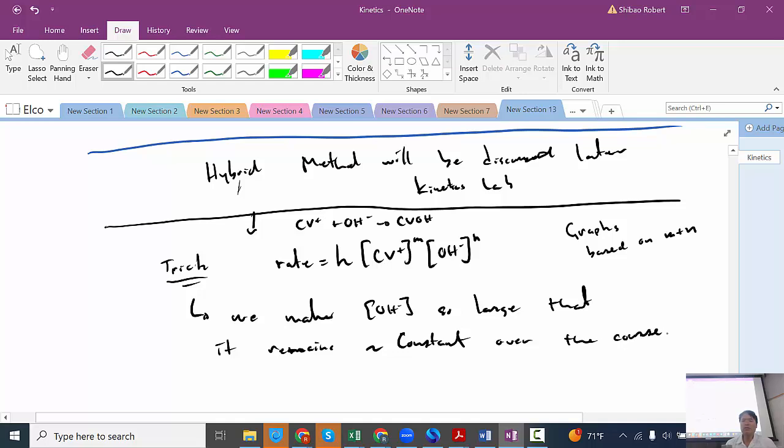So if the hydroxide concentration doesn't change, then it's not going to impact the rate. As the reaction progresses and the hydroxide stays the same, then nothing happens with the rate.